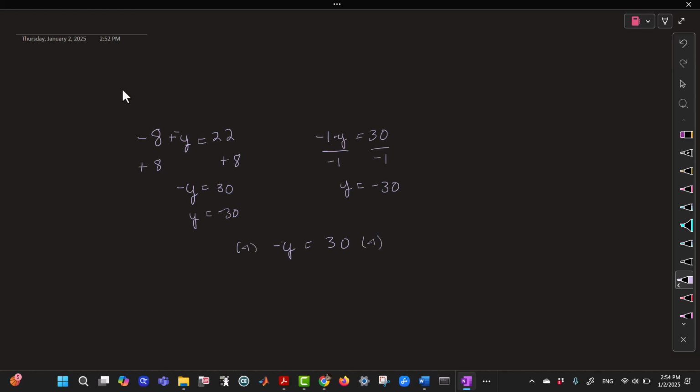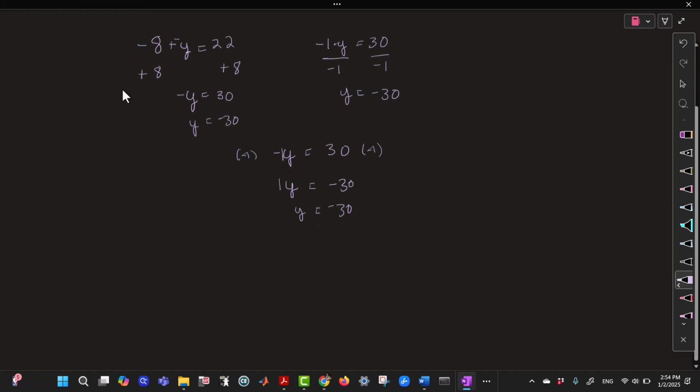So this is an understood negative 1. Negative 1 times negative 1 is positive 1, which I can leave out. I can write 1y if I want to, or I can leave that out. 1y equals negative 30, or y equals negative 30. Any way you look at it, y equals negative 30.